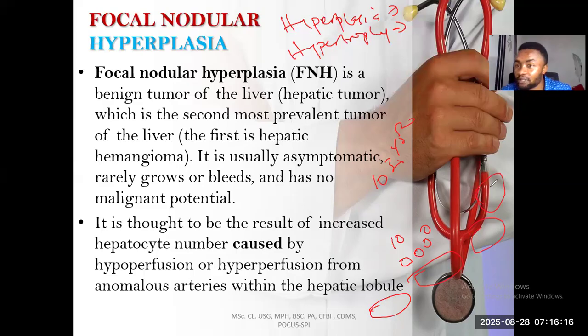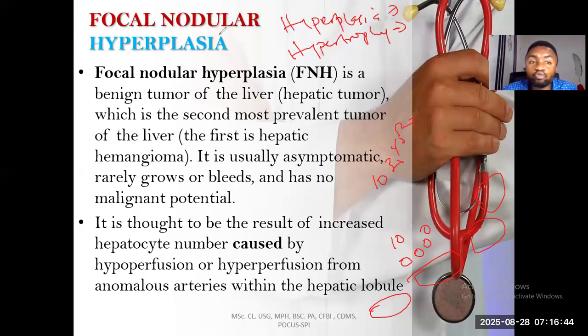That's hypertrophy. It doesn't increase the number, but the size. Both of them will cause the organ to be enlarged, because if it increases the cell size or the cell number, it causes enlargement.